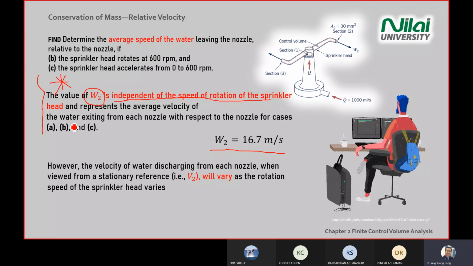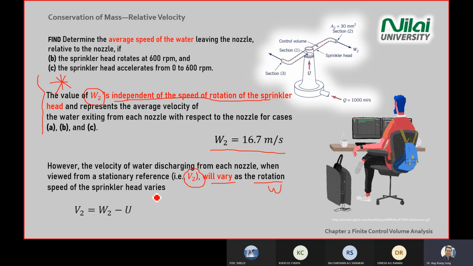Just to take note, however, if you want to find V2, then it will be different because of the rotation speed, omega. I put some notes here because you still recall that we learned about the vector equation just now.